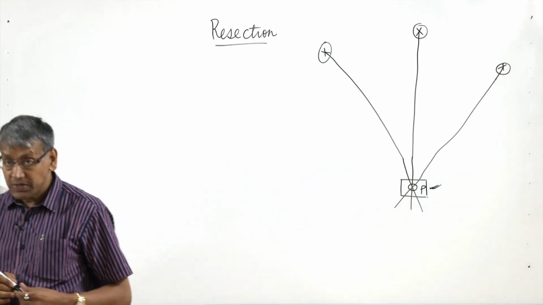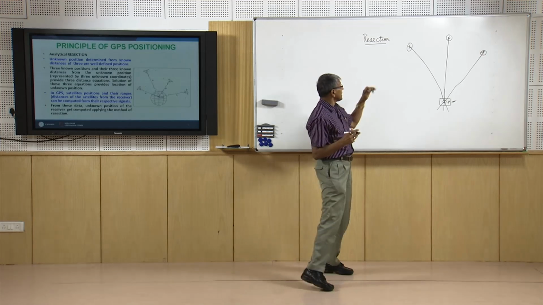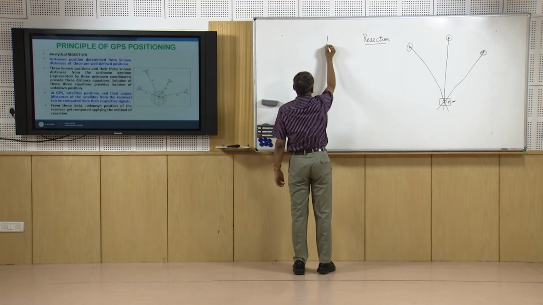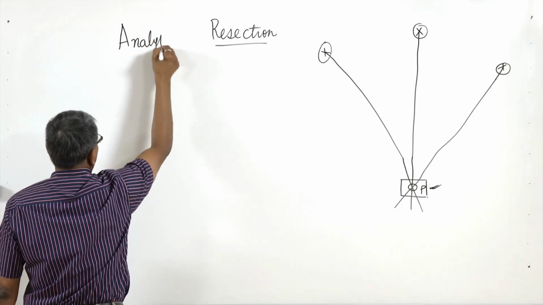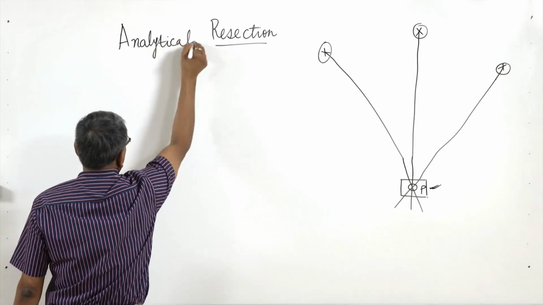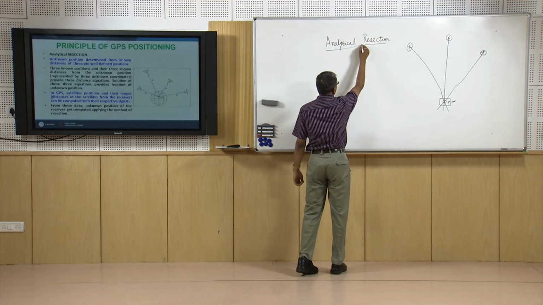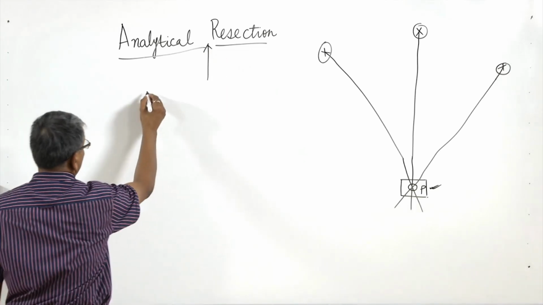Now in case of GPS we also apply the same principle, but in GPS we apply the method in an analytical way. So the basic principle of GPS positioning is the analytical resection method.